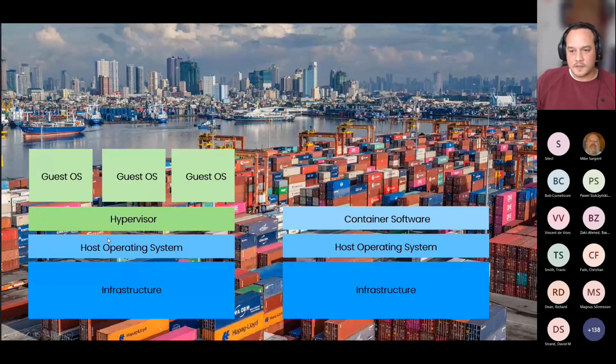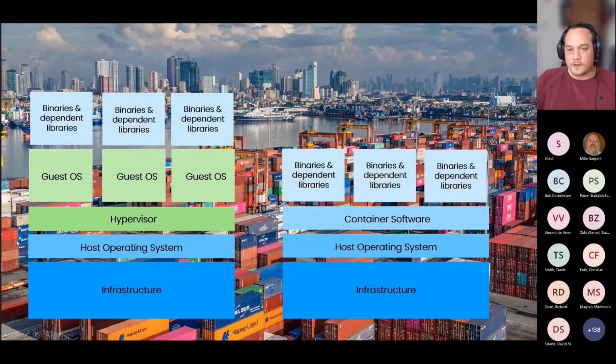In a virtual or VM environment, you'd have a hypervisor, and on top of the hypervisor, a myriad of different OSs. If your applications are only Windows or only Linux, it's less of a problem. But often it's a mix and match, and that's something containers tackle by having everything in its container software layer. On top of that, you have the binaries and the dependencies.